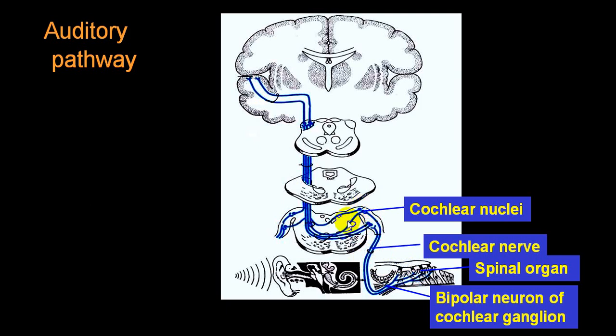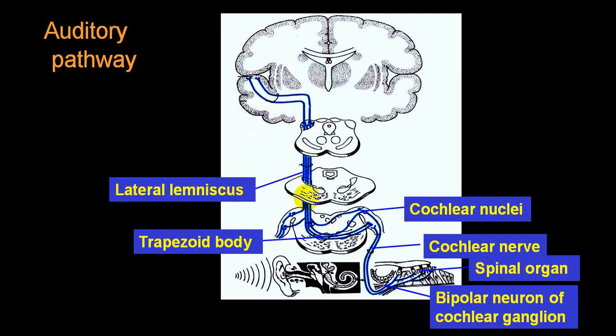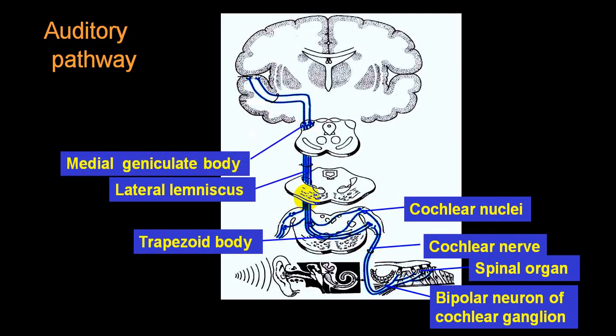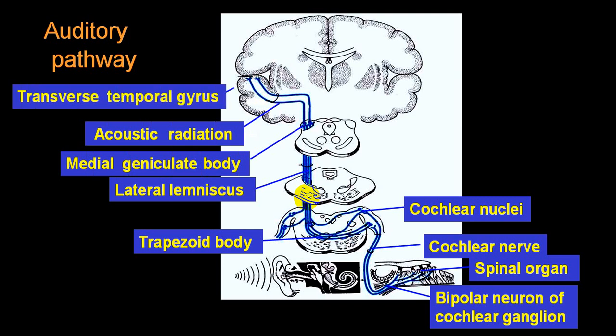From the cochlear nucleus, the fibers will cross to the opposite side and ascend along with the lateral lemniscus. Then they will end in the medial geniculate body, and from the medial geniculate body, via acoustic radiation, they will end in the temporal lobe.